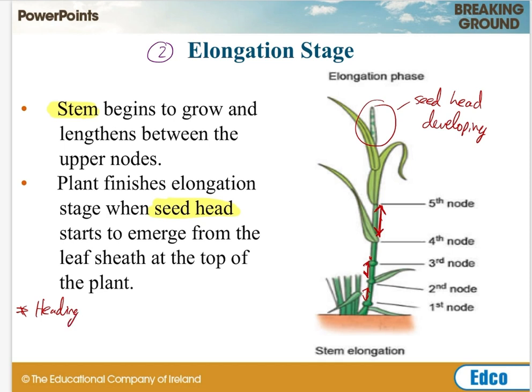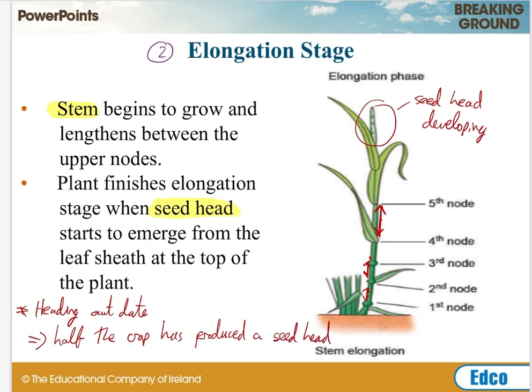Our heading out date is when half the crop or grass plant has produced a seed head. And when the crop hits its heading out date, that is when you know it is time to cut your crop, whether you're making silage, hay, or haylage.